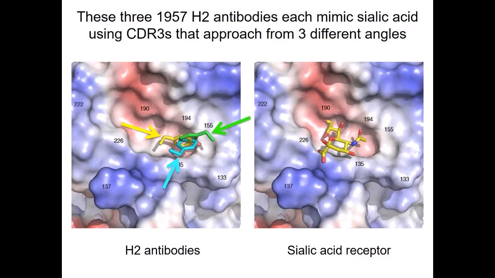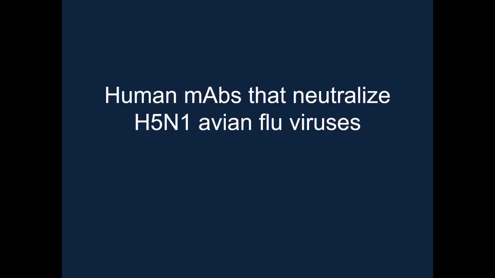And of course that mimics one of the interactions of sialic acid. So these are the two principal molecular determinants of binding to the receptor binding domain of influenza using human antibodies. And in fact, at least one antibody has been identified that has both of those interactions in a single antibody.